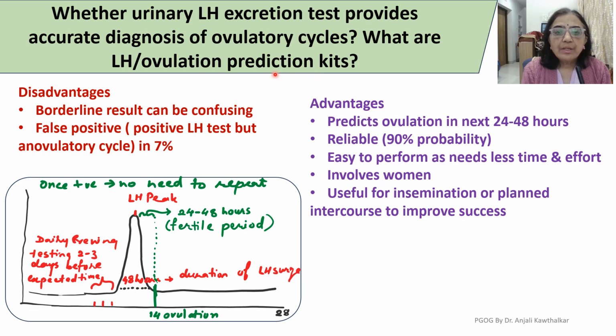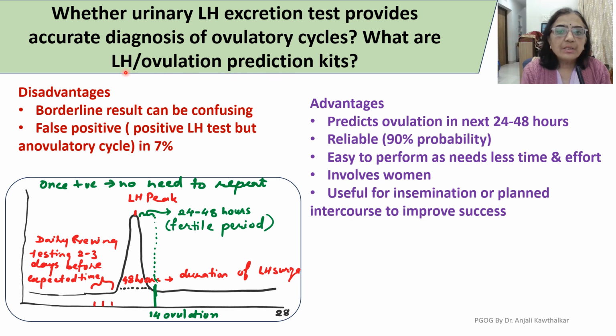This is the greatest advantage of LH over progesterone. If we do serum progesterone, still prediction is not there. That means the rise in progesterone will be there after the corpus luteum is formed, post ovulation. That means on day 21 we come to know whether it was an ovulatory cycle, and progesterone is absolutely not helping us to know the fertile period. But LH is giving us a prediction of when ovulation is likely to take place.